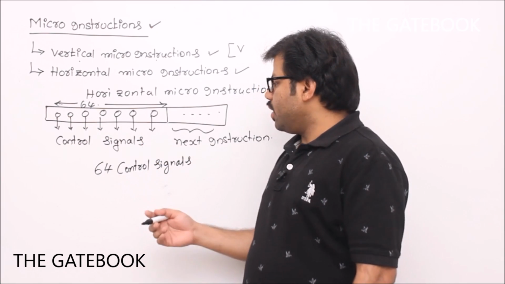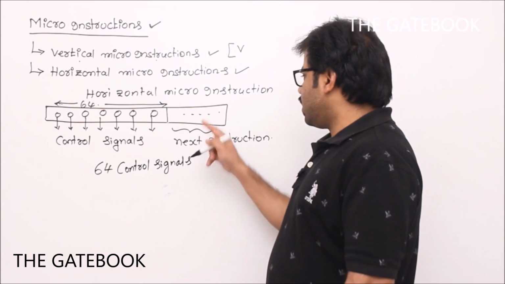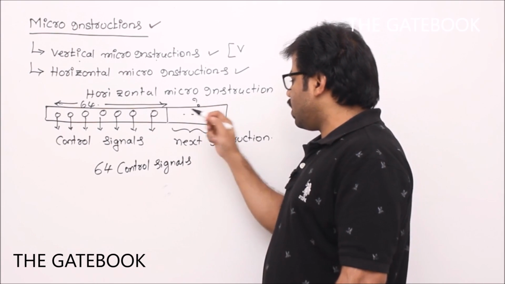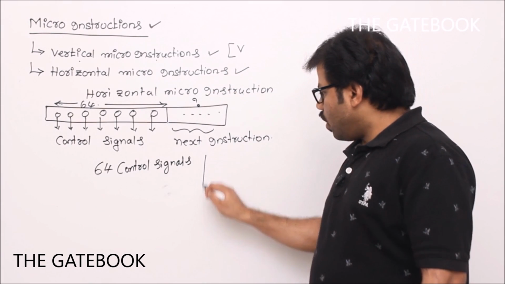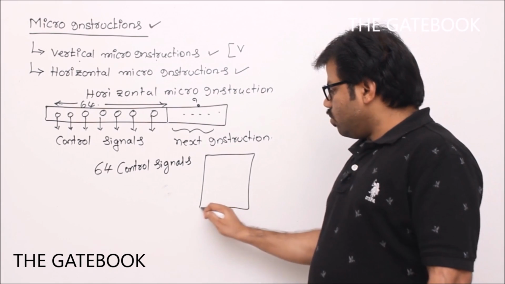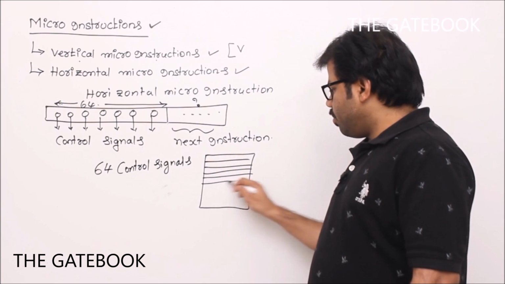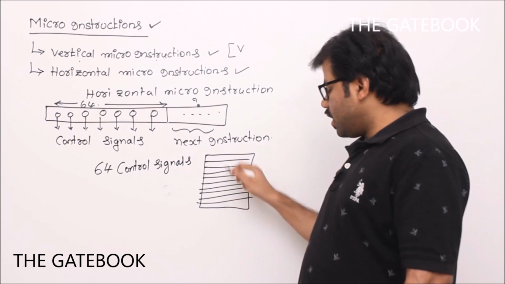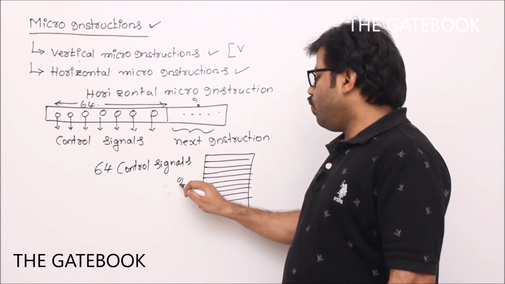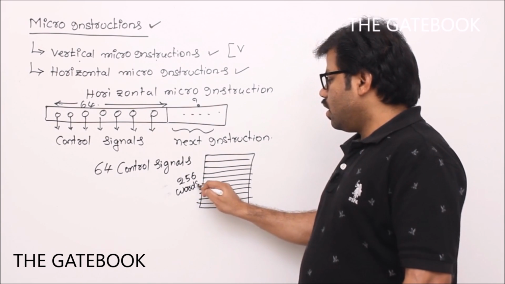But the problem is, when you have 64 positions like this, for the next instruction, what is the size of the next instruction? That depends on your control memory, right? Assume that this memory size is 256 words.